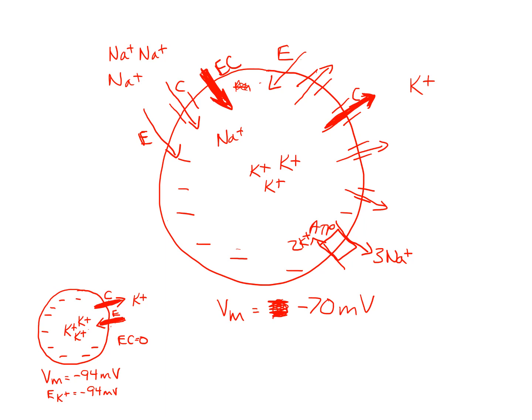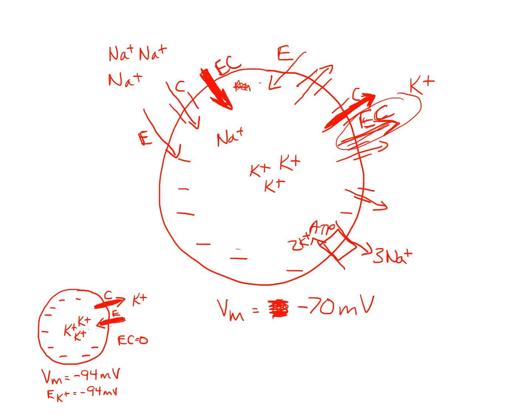So when we add the electrical and chemical driving forces together for potassium, the chemical driving force wins. And so our electrochemical driving force for potassium, it wants to go out, but it's not as big as what it is for sodium, is it?